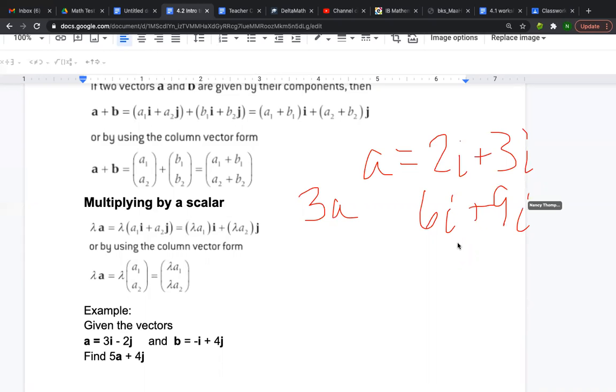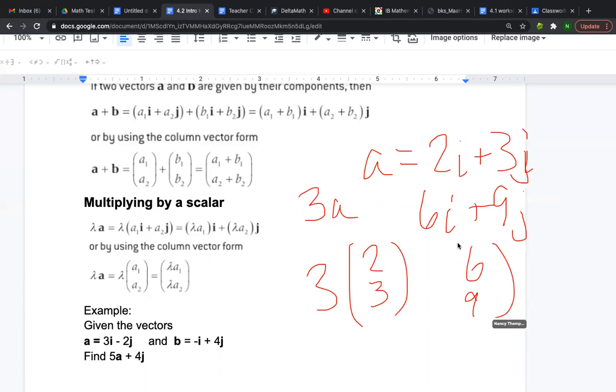Or if you want to take the time to convert to column form, this is the same thing as (2, 3), and you're multiplying it by 3, so you multiply the top and the bottom, and you end up with (6, 9). Whichever one makes more sense to you, you can do it either way. I think column vector is cleaner.